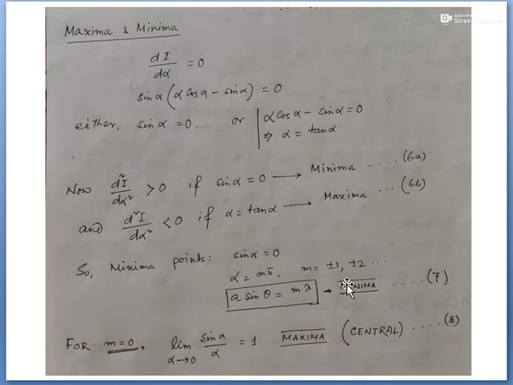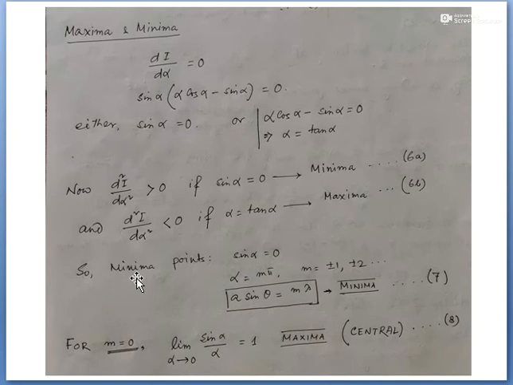So the minima points are sine alpha equals 0, and then the value of alpha will be m into pi, where m is plus minus 1, plus minus 2, and so on. We are not taking alpha equal to 0 into account, because alpha equal to 0 gives the central maxima, right?